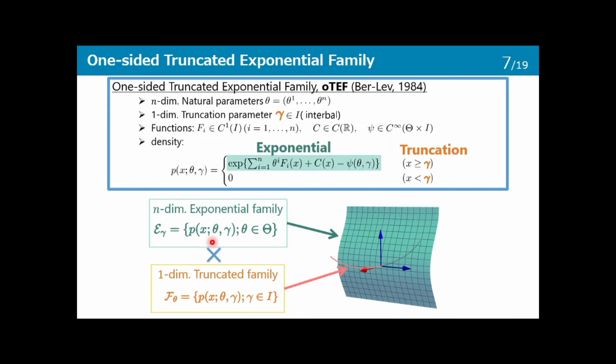Note that this family E gamma is a regular statistical model. Vice versa, when we fix theta, we obtain a one-dimensional non-regular family. Then OTF consists of these two families.